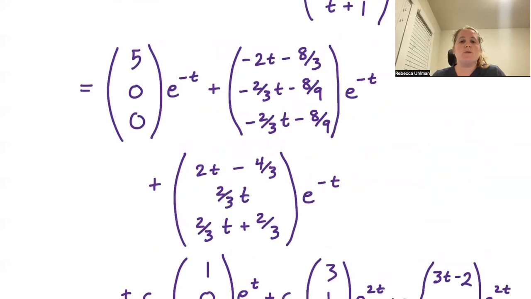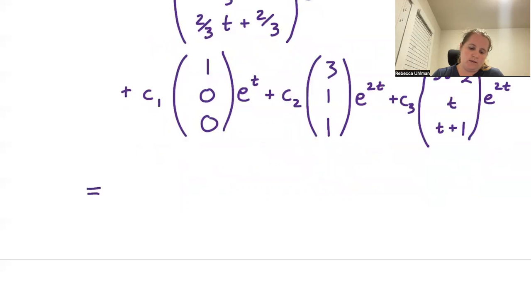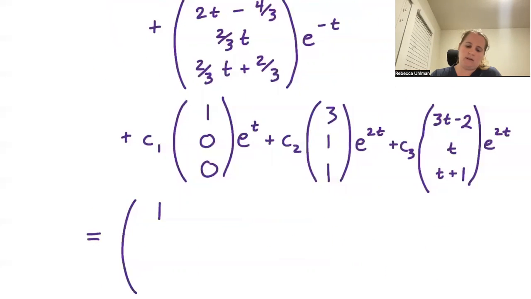We can, of course, simplify that first part. We have a negative 2t plus 2t cancels out. We have a negative 4/3 minus 8/3 is negative 12/3, otherwise known as negative 4. And 5 minus 4 is just 1. So we'll have a 1 in our first position. Then we have a negative 2/3 t plus 2/3 t cancels out, and just negative 8/9 in our second position.